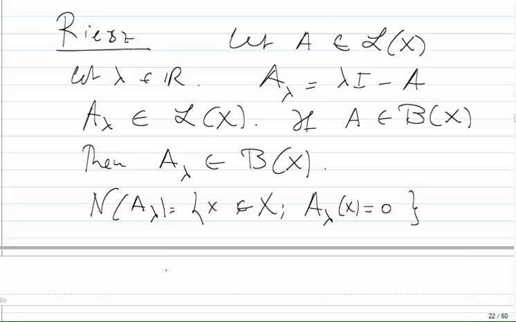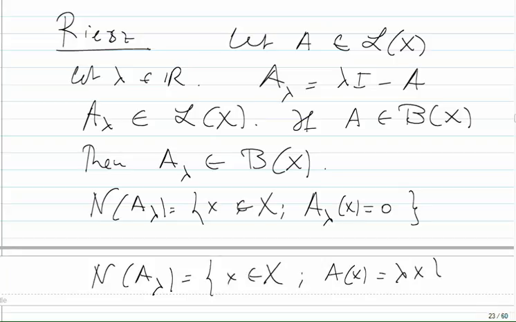It's not very hard to see that this is just the set of X in X such that A of X is equal to lambda X. If this is not reduced to 0, then lambda is what's known as an eigenvalue of A, and X is an eigenvector of A associated to lambda, or the eigenspace. If you took a baby matrix algebra class, this is not surprising. So what we're looking at now are the eigenvalues of the operators and their eigenspaces.